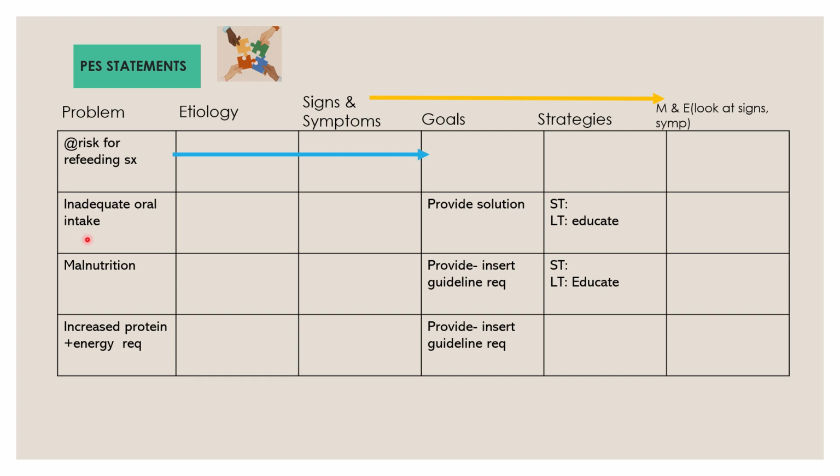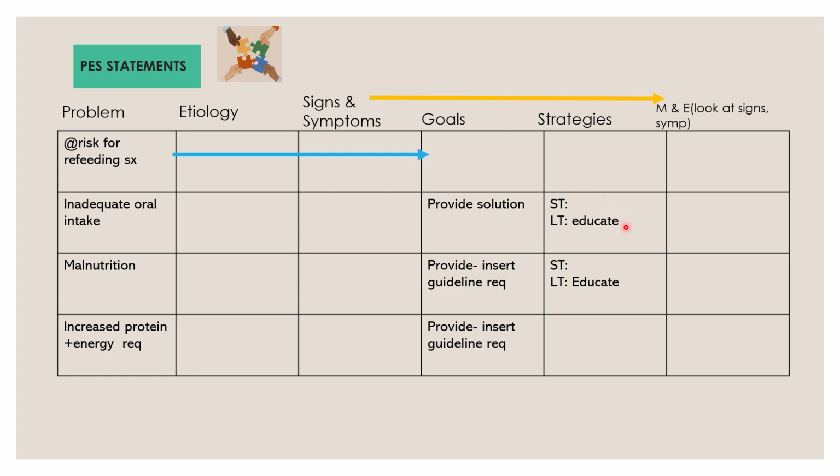For example, inadequate oral intake. The goal would be to provide a solution for that. So say smaller meals throughout the day, smaller snacks, whatever it is. For things like energy and protein, you're going to insert your requirement. Okay, so however many grams of protein per kilogram per day, however many kcals per kilogram per day of energy you're going to provide.